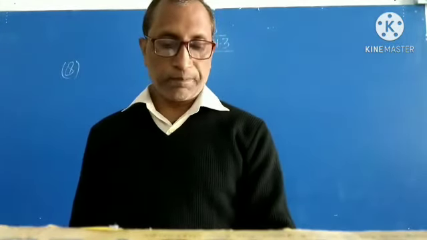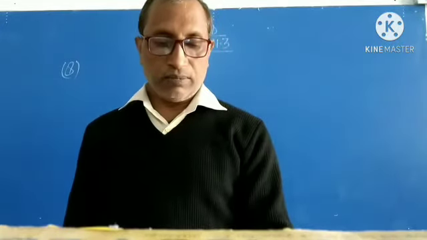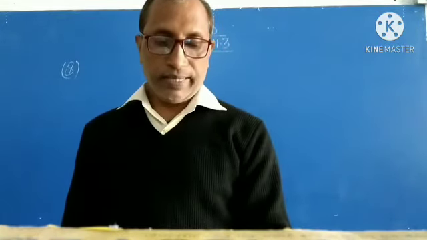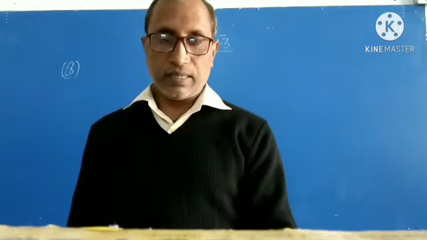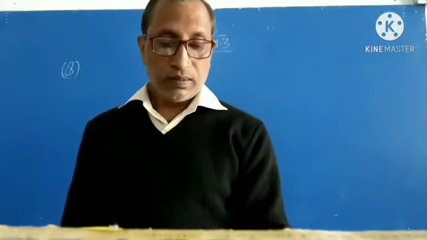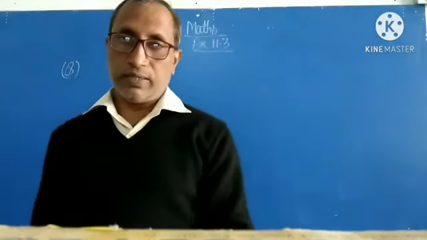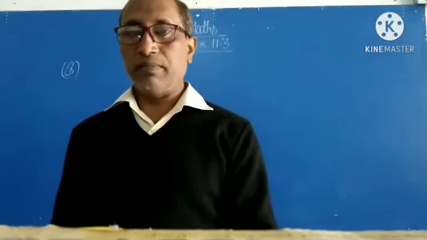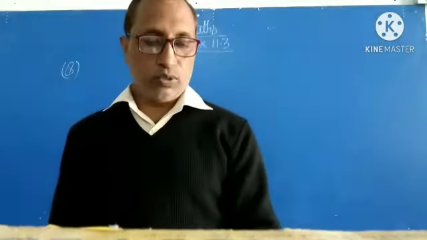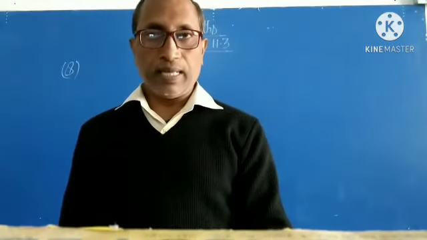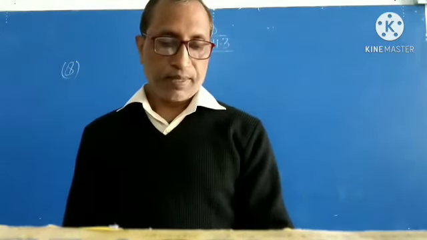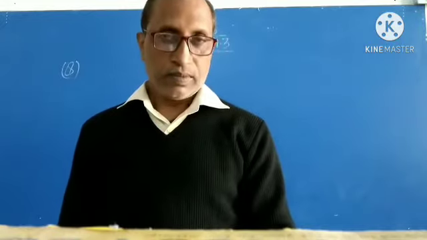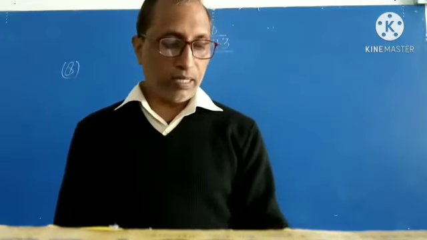In this question, first of all, you divide the area by width. You get the length of the rectangular sheet. Then you find out the perimeter of rectangular sheet by using formula 2 into bracket L plus B.